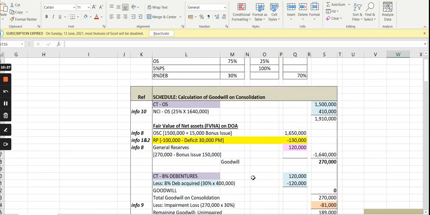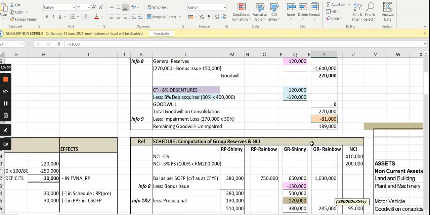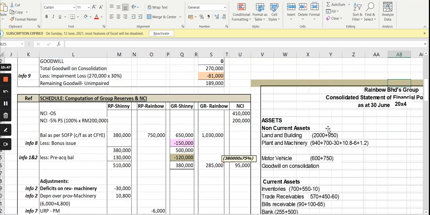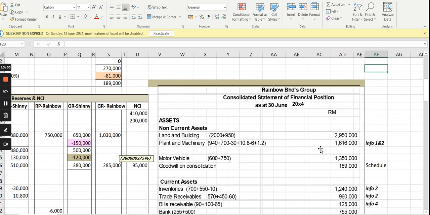Okay, now you have the impairment loss of 81. Make sure you put that in your schedule for computation of group reserve and NCI. And the goodwill that was unimpaired is 189, and that goodwill that was unimpaired will be shown here as the goodwill.